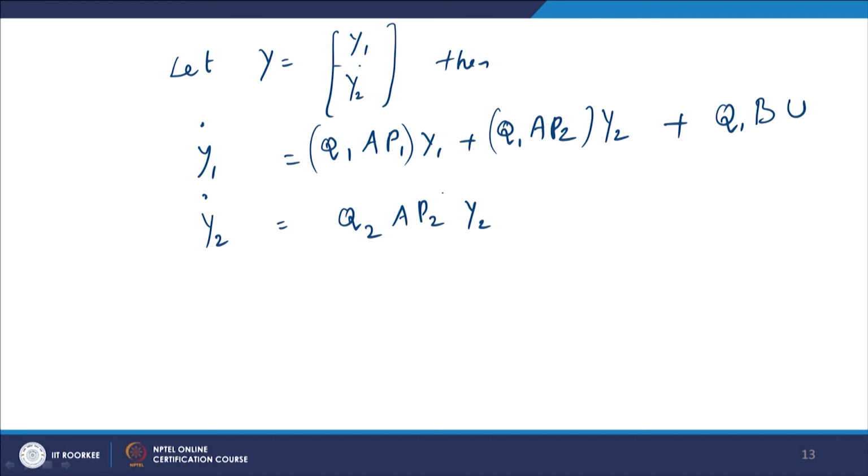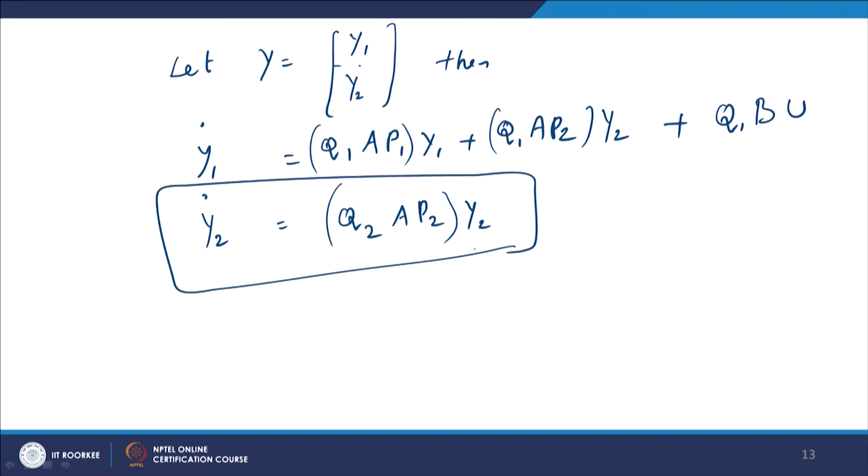So, in this system we can see that there is no control at all, simply it is a separate dynamical system, and only the first system is having a control.